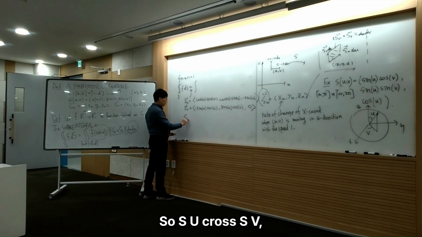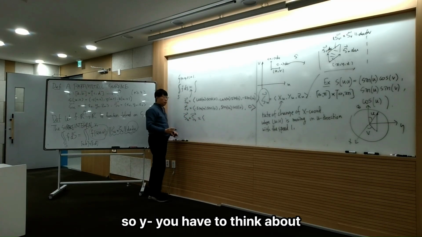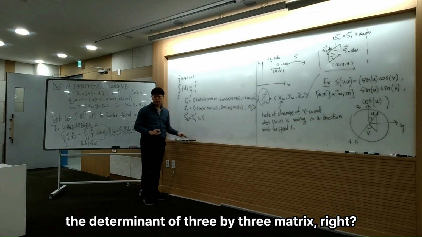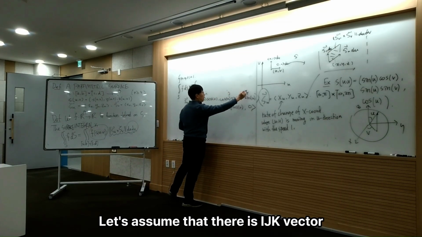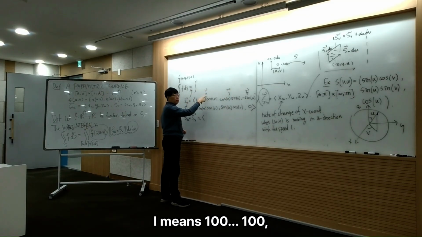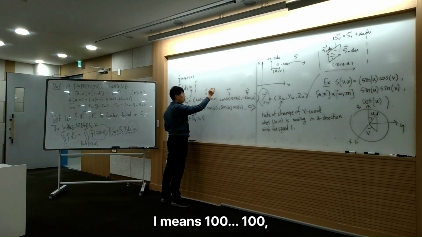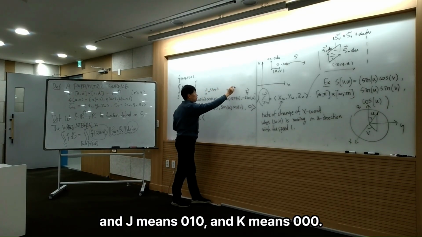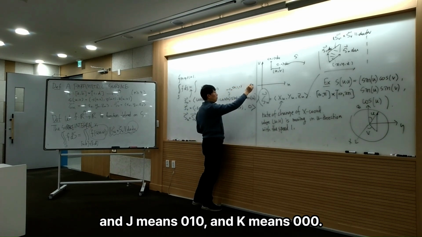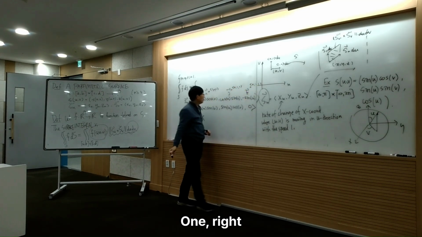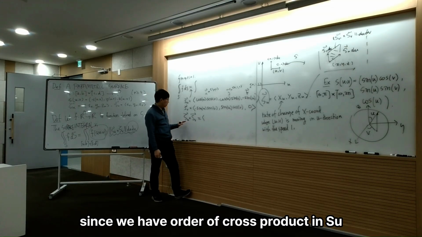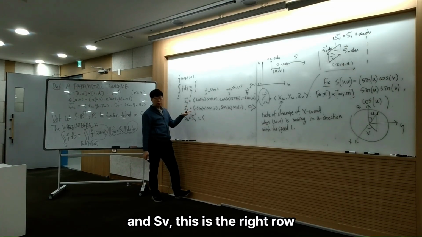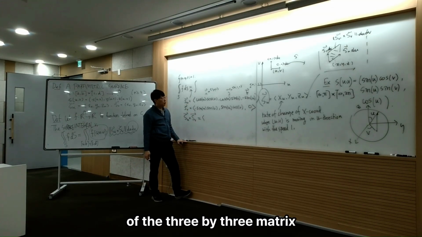So S_u cross S_v. You have to think about the determinant of a 3 by 3 matrix, right? Let's assume that there are i, j, k vectors. i means (1, 0, 0), j means (0, 1, 0), and k means (0, 0, 1), right? And since we have an order of cross product in S_u and S_v, this is the right row of the 3 by 3 matrix.